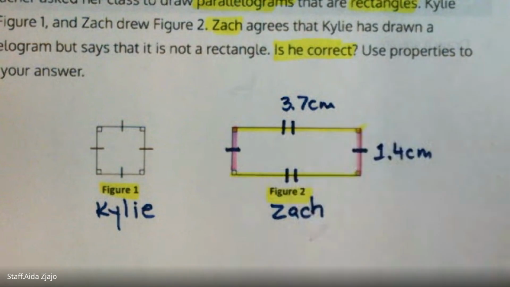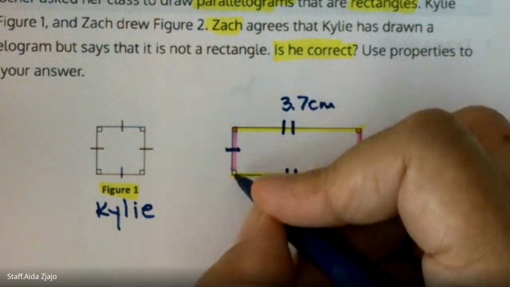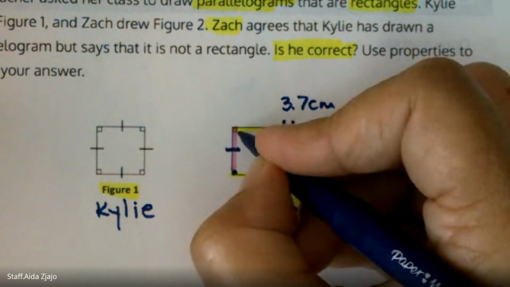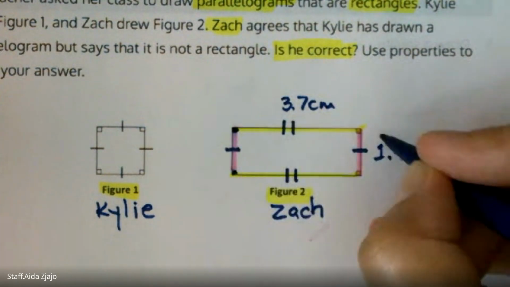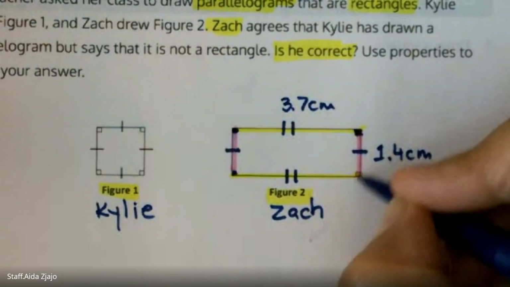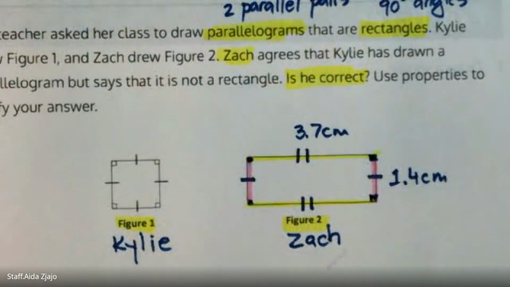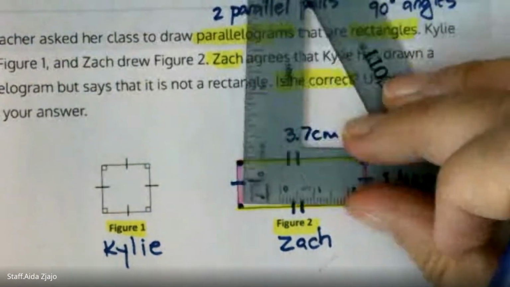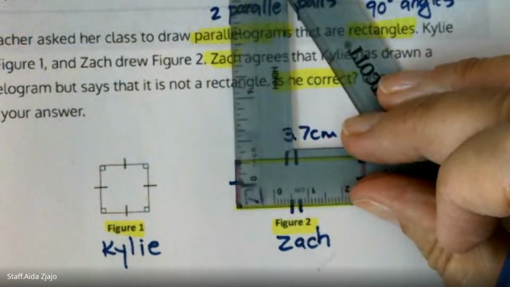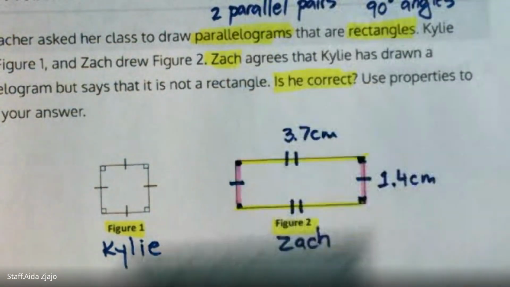They also should have these right angles. They make little teeny tiny right angles. That shows they all have right angles. If I take my ruler and put it in a corner, it fits perfectly.